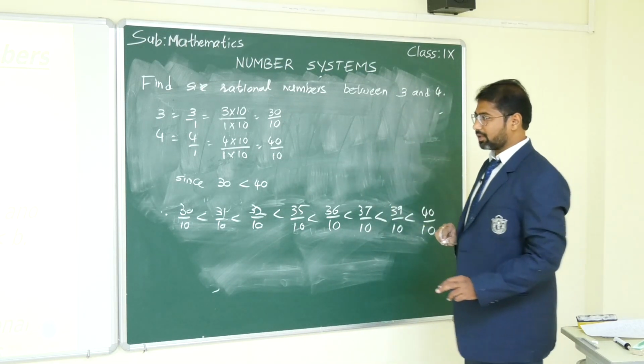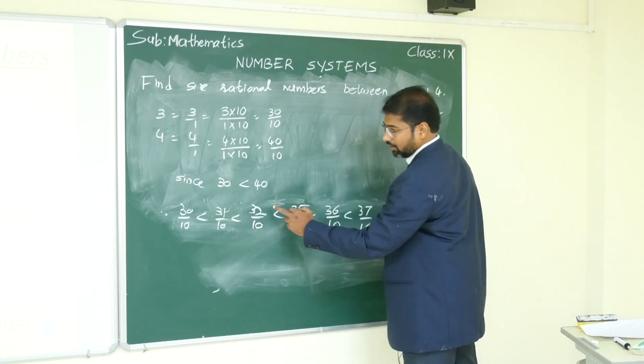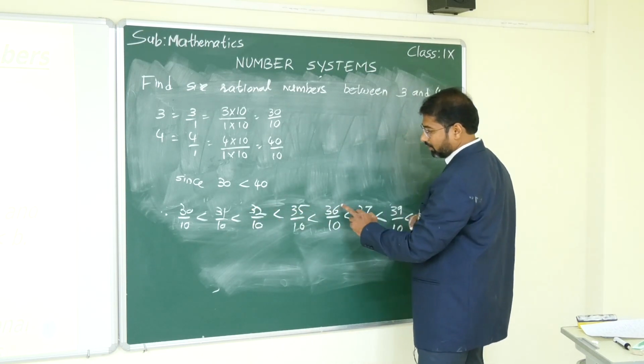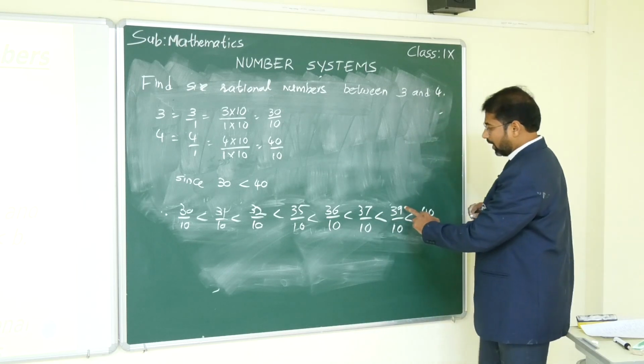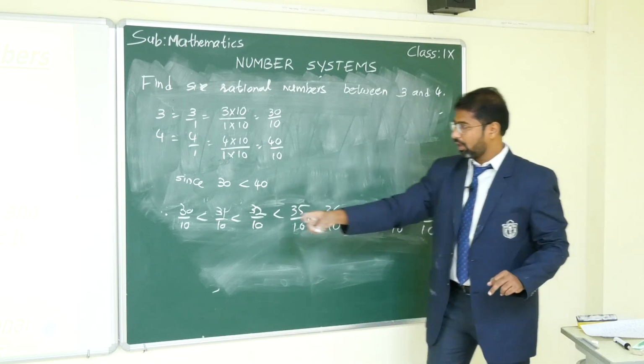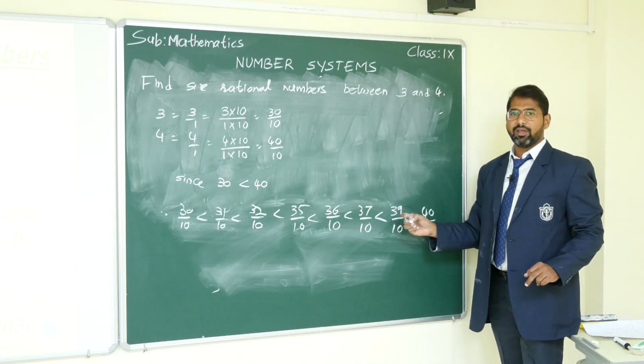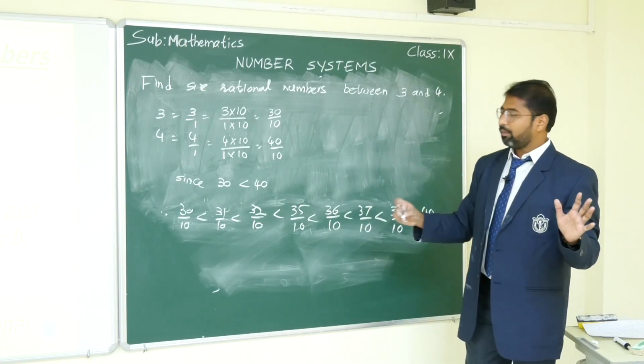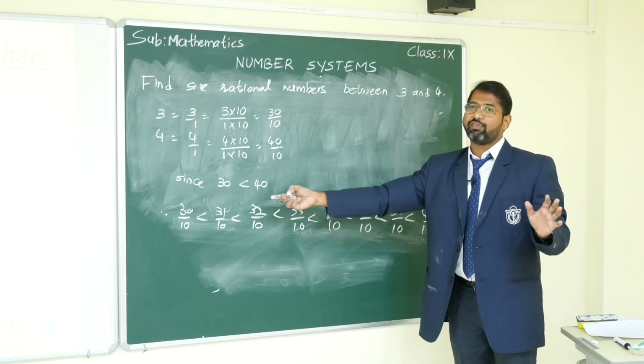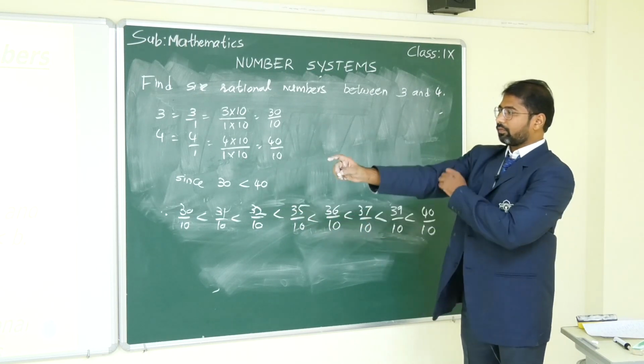Let's see how many we have inserted. 31 by 10, 32 by 10, 35 by 10, 36 by 10, 37 by 10 and 39 by 10. Let's count. 1, 2, 3, 4, 5, 6. Actually we have a chance of 9, but I have inserted 6 of my choice.